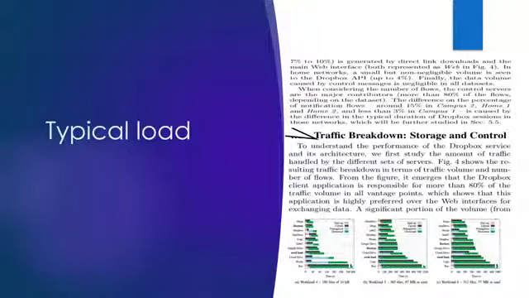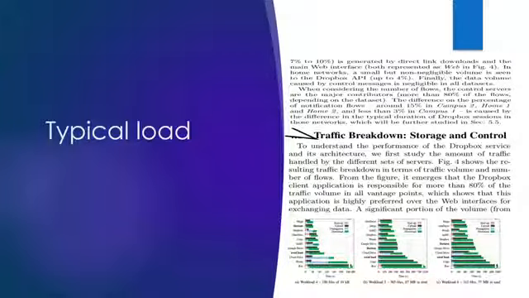Traffic breakdown, storage and control. To understand the performance of the Dropbox service and its architecture, we first study the amount of traffic handled by different sets of servers. The resulting traffic breakdown is in terms of traffic volume and number of flows.